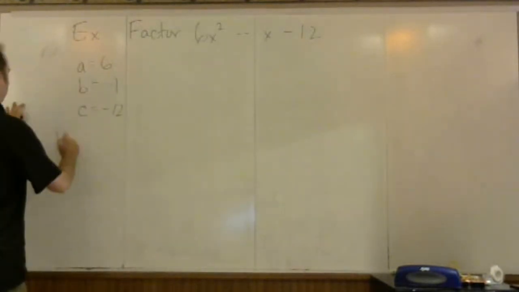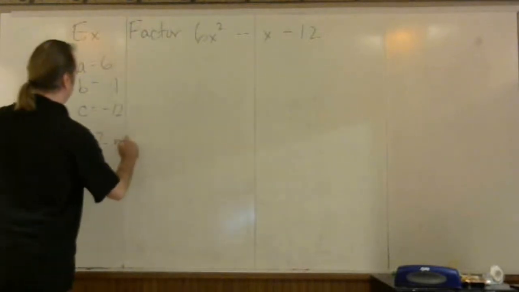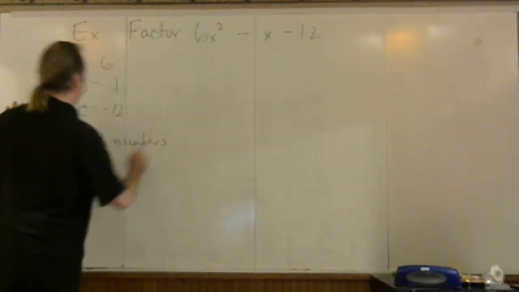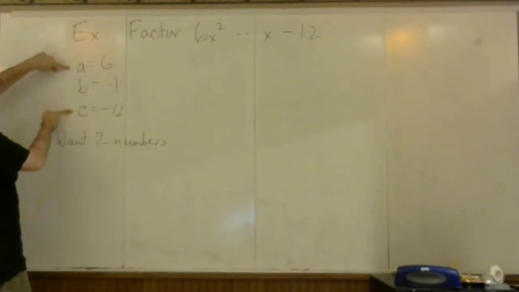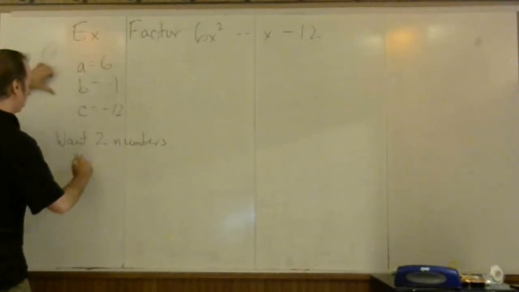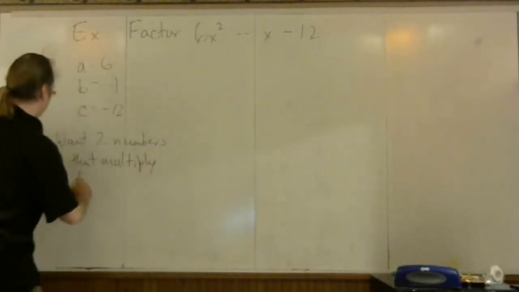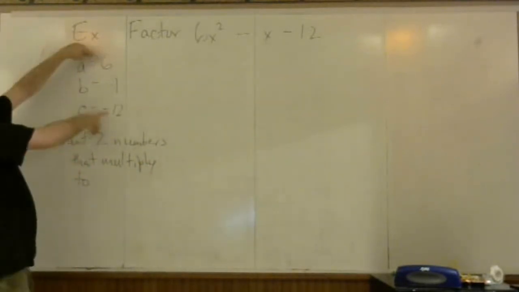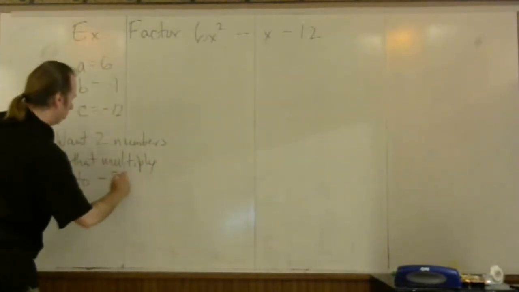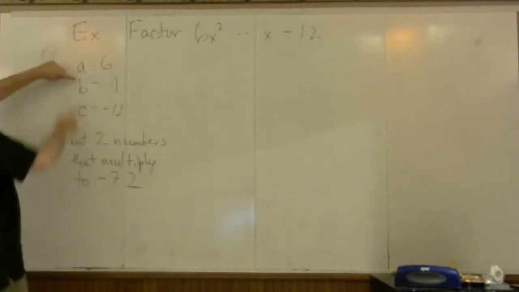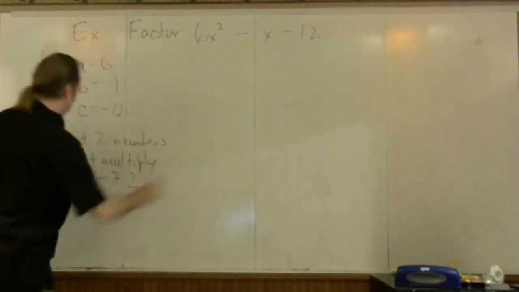So I want to find two numbers that multiply to be A times C. So 6 times minus 12 is minus 72. And I want those two numbers to add up to minus 1.